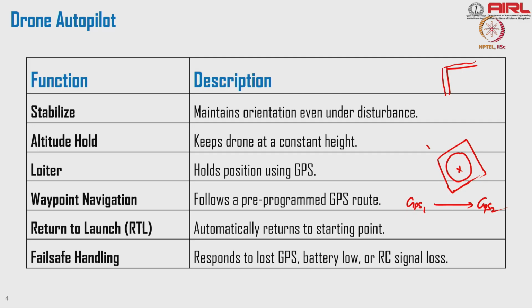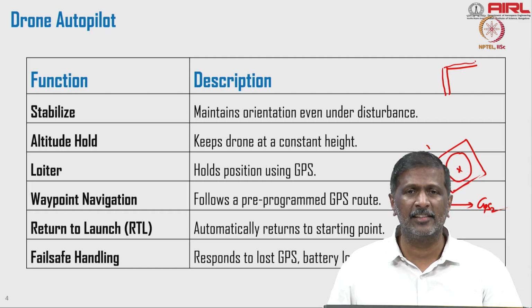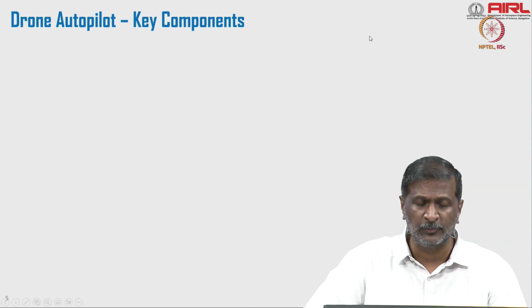It just falls down rather than going and colliding with another target or another environment, where I don't want to create damage, right? So we need to see how the fail-safe function is going to work. When I'm not able to see it, I can see through a camera, then we are talking about beyond visual line of sight, or I'm talking about the RC signal coming into the picture. How am I going to handle that? These are all important factors, right?